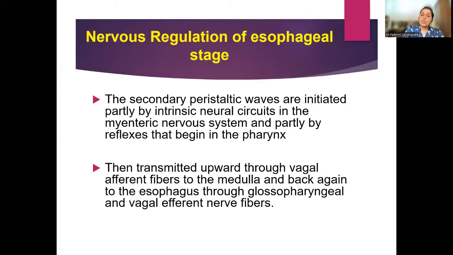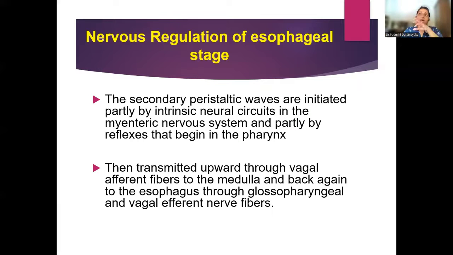Right. So now we are moving towards the esophageal stage. Now I told you primary peristalsis is the continuation of the peristaltic waves which originated in the pharynx. Secondary peristaltic waves are initiated by 2 things. Partly by the intrinsic neural circuits in the myenteric nervous system as a local nervous complex.